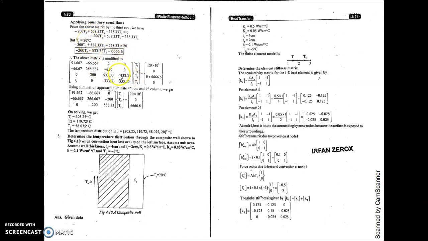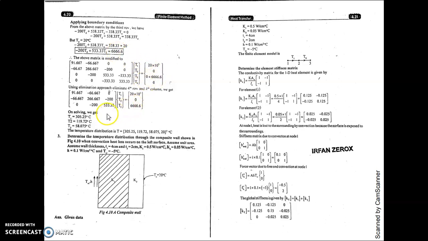Substitute, you will get this value. Then eliminate the 4th row as well as the 4th column. You will end up with 3 rows and 3 columns, and this is modified. Earlier it was 0, now it is 6666.6.